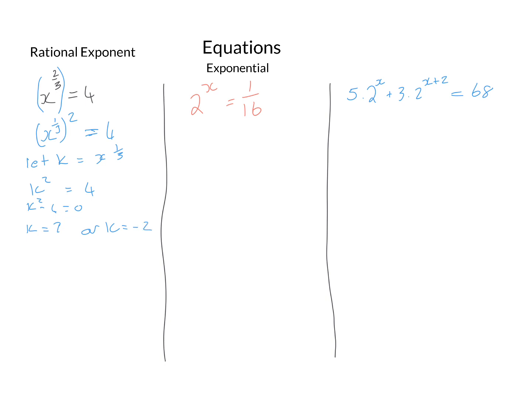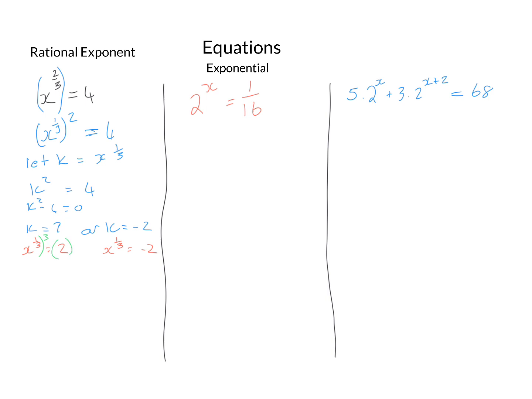I now replace my k with x to the third, so x cubed equal to 2, and I do the same on this side. Now, another way to look at this is by doing basically what we did here.